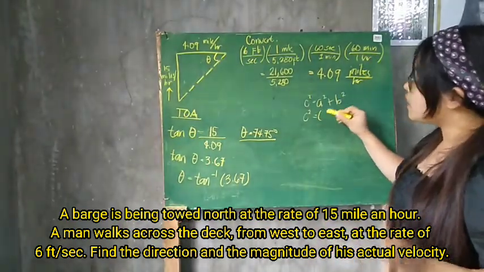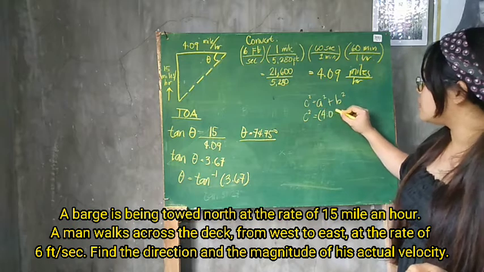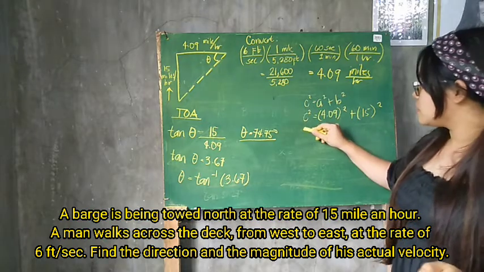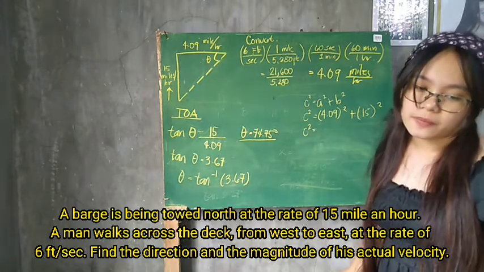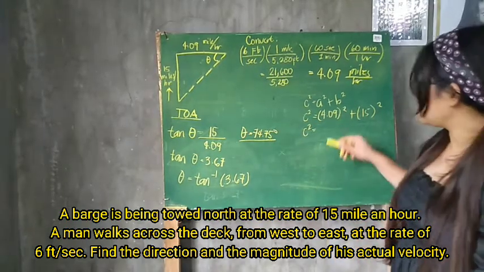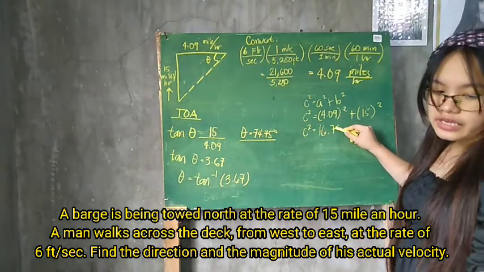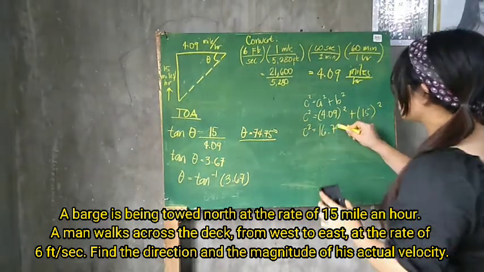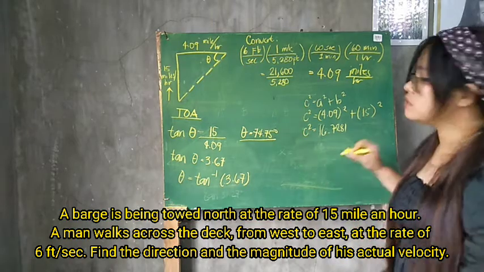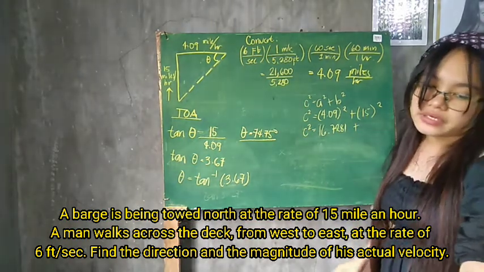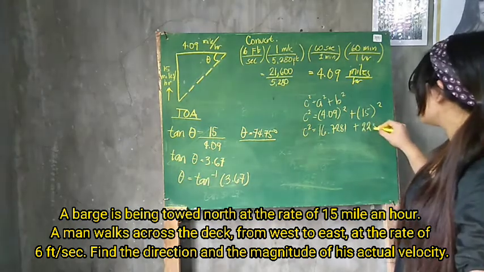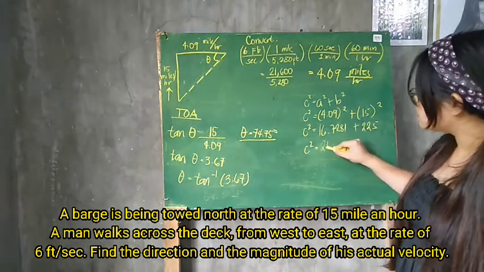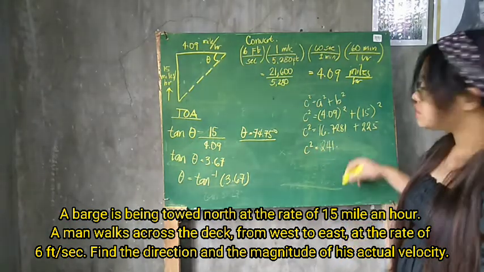I will be using 4.09 squared plus 15 squared. The square of 4.09 is 16.73, plus 15 squared is 225. If you add them, you will get 241.7281.